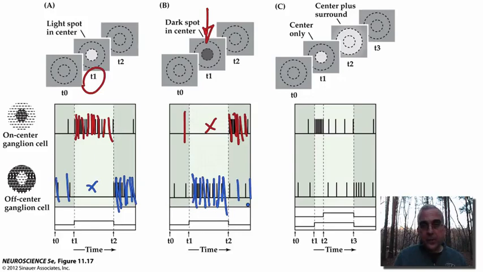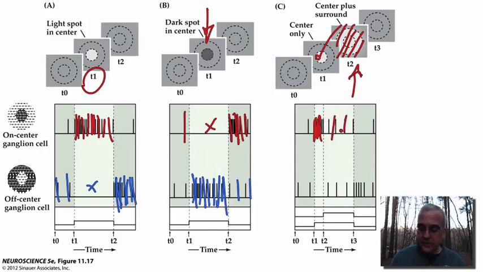Now, one additional consequence of the center-surround organization I should mention is shown here in the final panel, panel C. When we evenly illuminate both the center and the surround, notice that there's not nearly so much change in the firing patterns of these cells. While the small spot in the center gave rise to a nice robust discharge, a more even illumination across the receptive field gives rise to a much lower level of activity in our on-center cell.